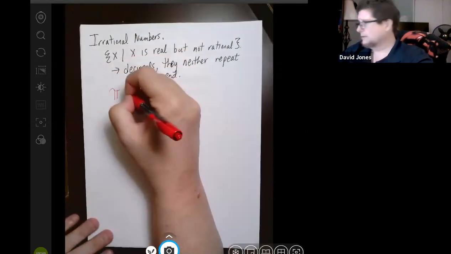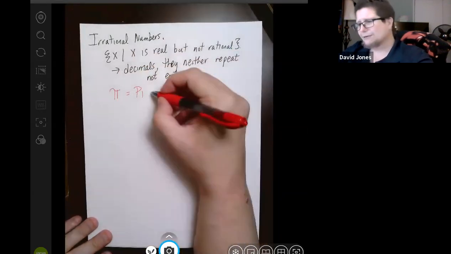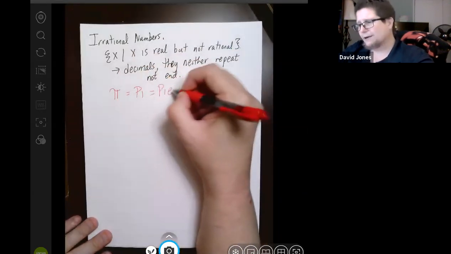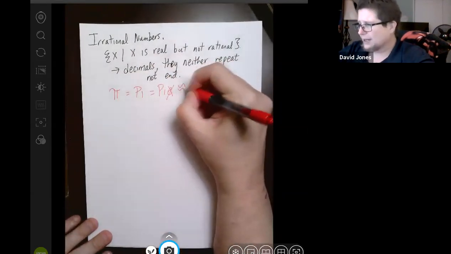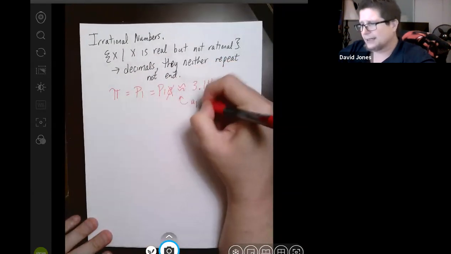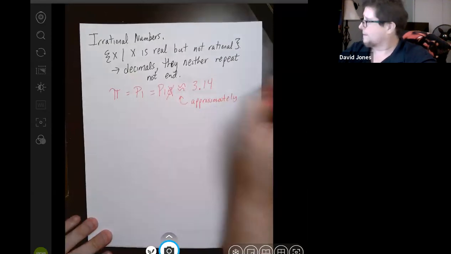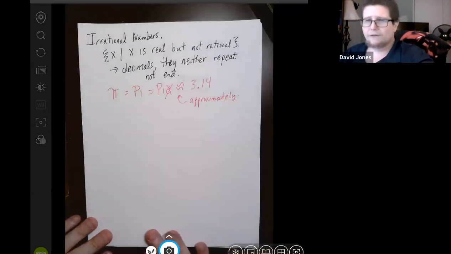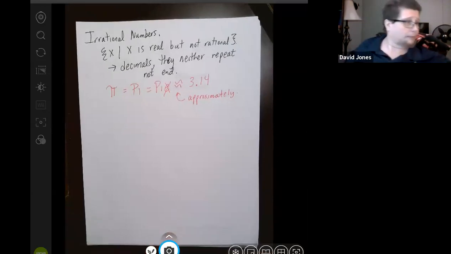Some common ones: pi. It sounds like the word pie, or it's spelled like the word pie, but without the E. It's approximately 3.14. That means approximately, it's a wavy equal sign. But it keeps going. If you put pi in a calculator, I can grab mine and put mine up real quick.